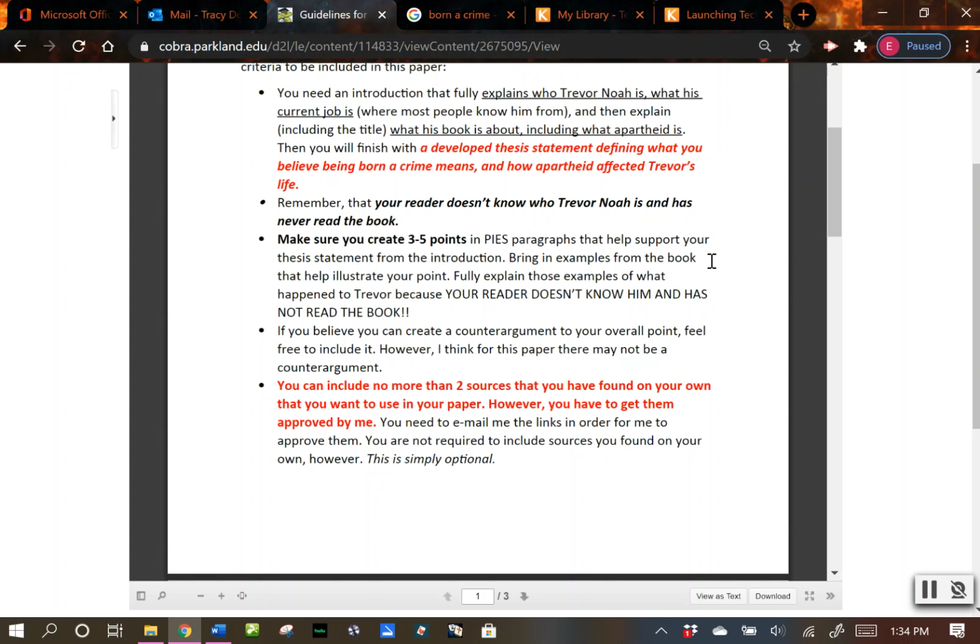You could have the first 2 paragraphs be reasons of what it means to be born a crime, with examples from the book, and then the next 2 or 3 paragraphs talk about how apartheid and being born a crime affected Trevor's life. Or you could just have 3 or 4 points of what it means to be born a crime, and then as examples in each, show how apartheid and being born a crime affected Trevor's life. So it's up to you how you write that out.